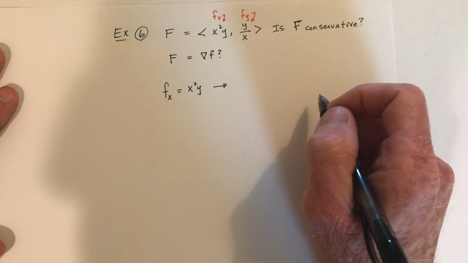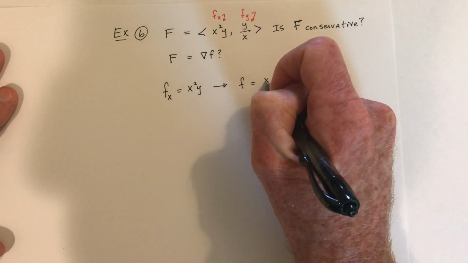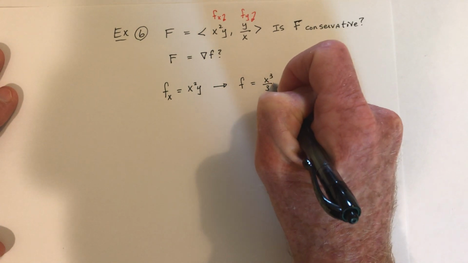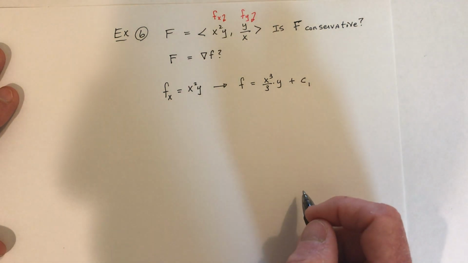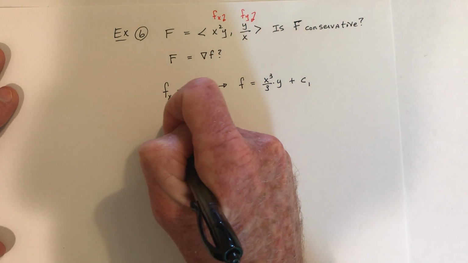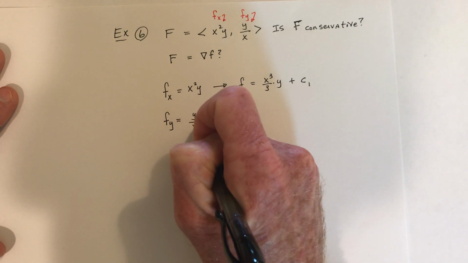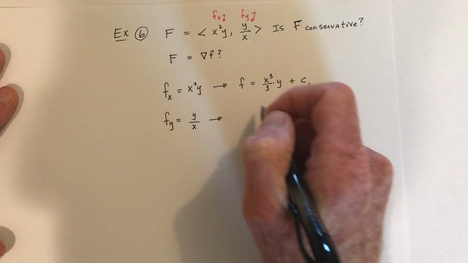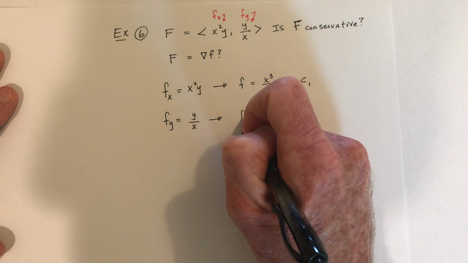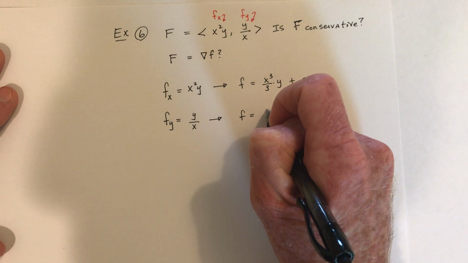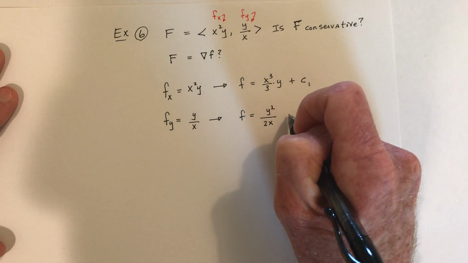Well, if so, the antiderivative of that would be x cubed over 3 times y plus some constant. And the derivative with respect to y equals y over x. And then find the antiderivative of this, which is going to be y squared over 2, and the x just stays there.